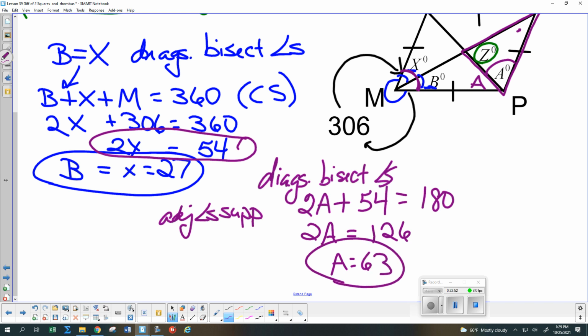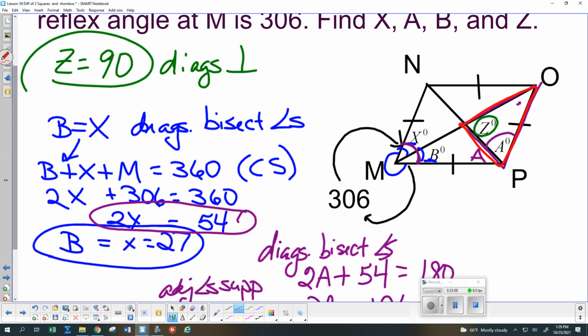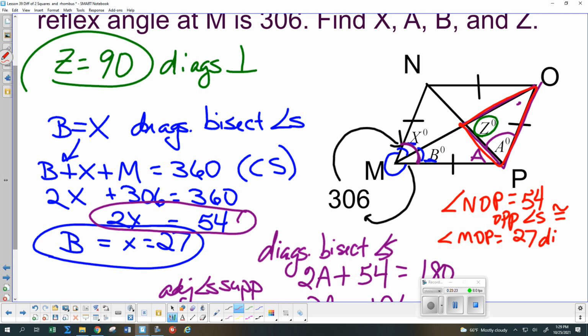If we did this with triangle sum, we would have to say that angle NOP is also 54 because opposite angles are congruent. And then we could say angle MOP is 27 because diagonals bisect the angles.